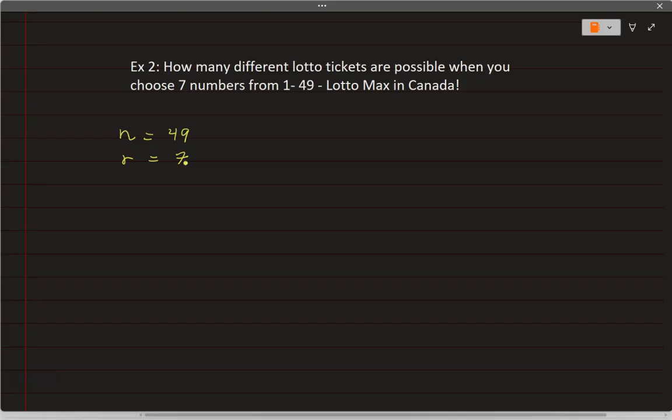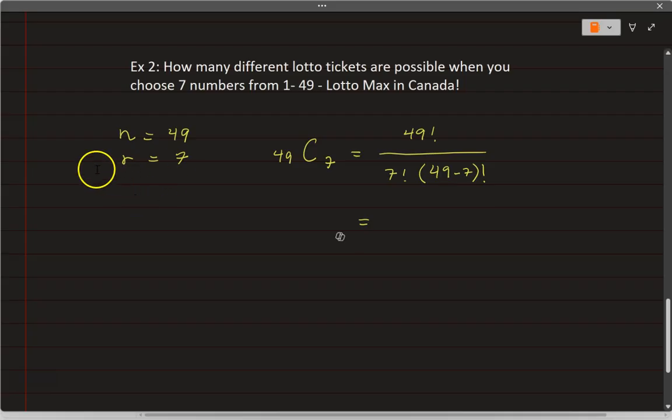You just do 49 choose 7, equals 49 factorial all over 7 factorial times (49 minus 7) factorial.